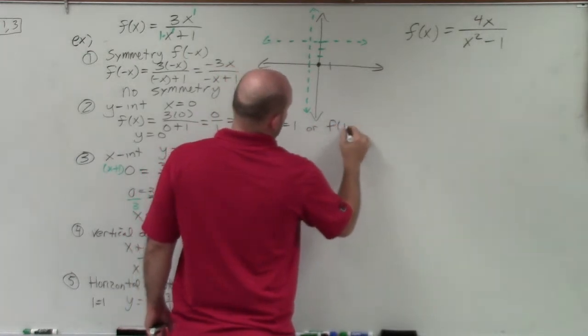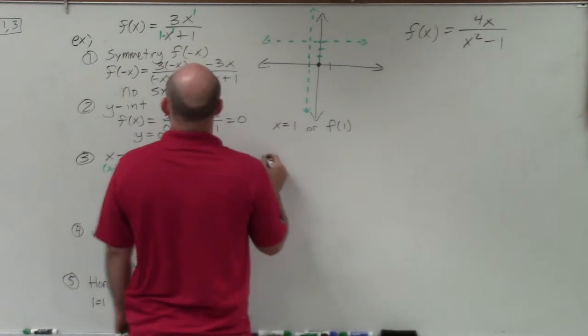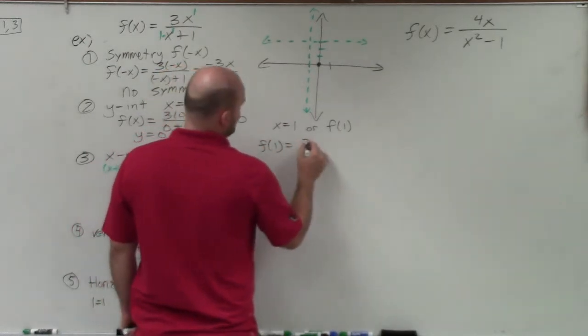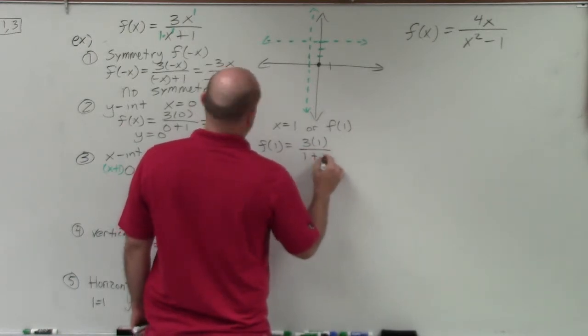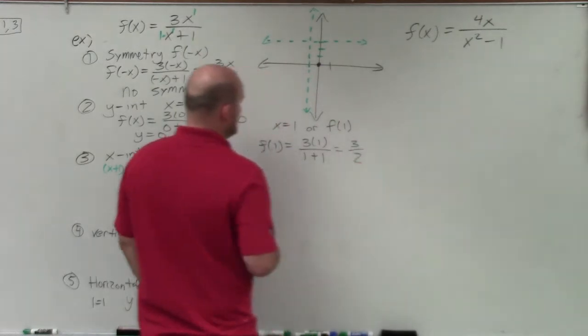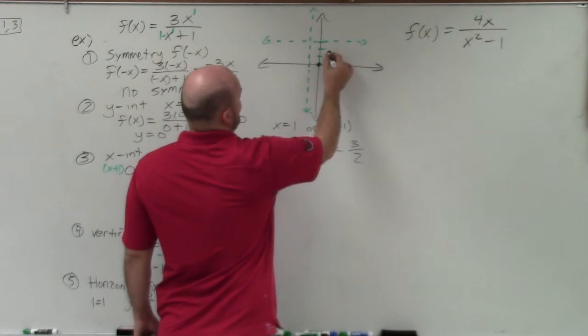So to find that point, I'm going to figure out what f of 1 would be. So you could do 3 times 1 divided by 1 plus 1. Well, that gives me 3 over 2. So when x equals 1, I have 3 halves. So it'd be 1.5 here.